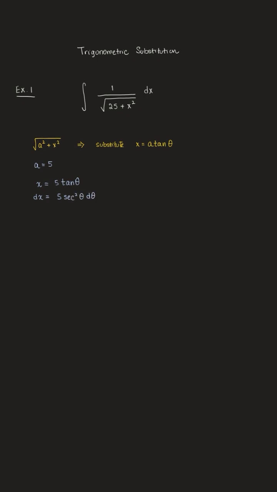And now we're going to write the integral in terms of theta. So let's see, that's going to be equal to the integral of 1 over the square root of 25 plus x squared. So x is 5 tangent theta, and we'll square that within the square root.